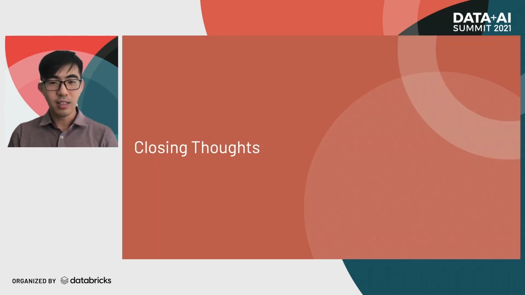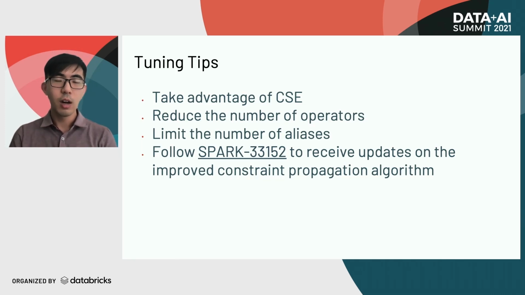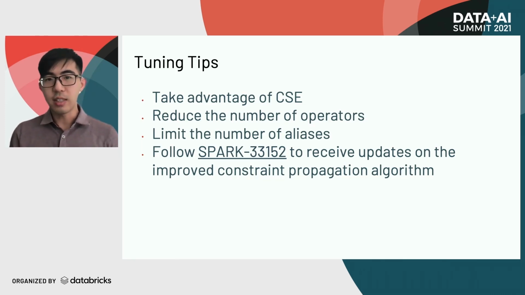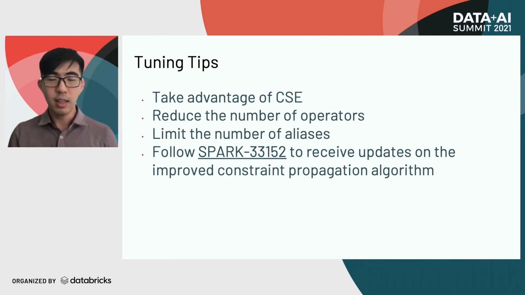So closing thoughts. What did we learn from handling large case expressions and also all the other aspects of complex plans? Roughly, mostly just summarizing what we've touched on, we want to take advantage of CSE because you see how drastic an improvement CSE can bring. If you don't have to compute the same thing multiple times, then obviously that's going to save you time.